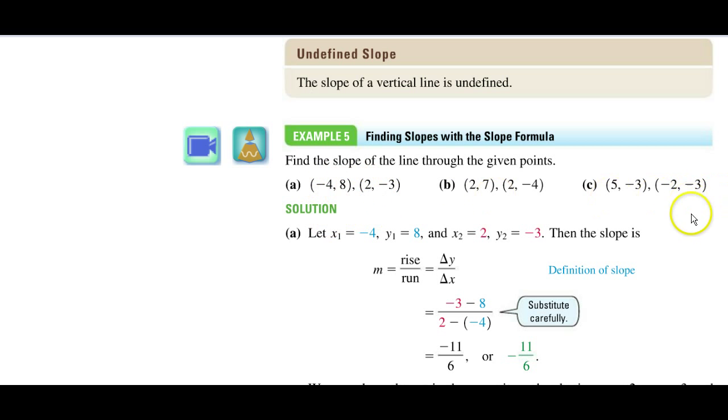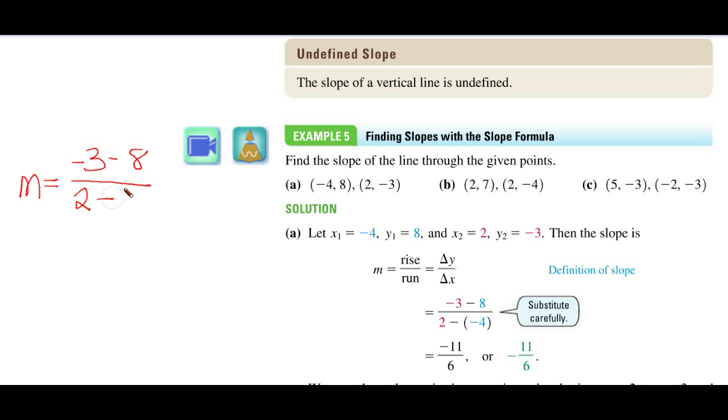In fact, let's just do one here so you see how it's done. We'll do letter A here. So y sub 2 is going to be a negative 3. Y sub 1, and remember it's minus whatever y sub 1 is, which is 8. And then our x sub 2 is 2.